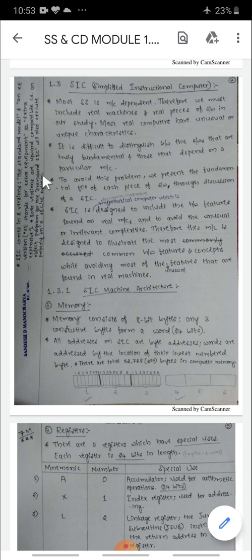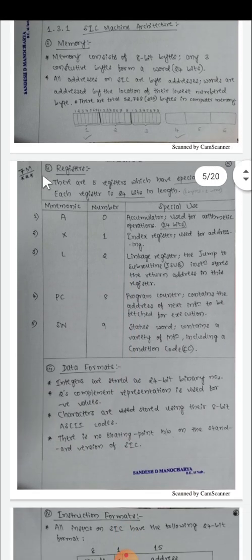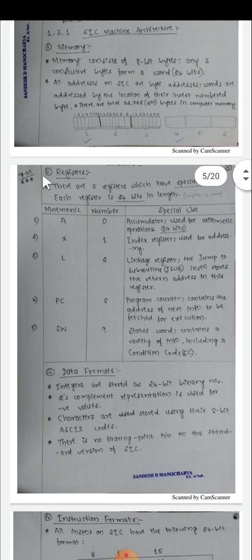Let us see the first machine, that is SIC machine, simplified instructional computer. In the next class we will study this computer architecture in detail.